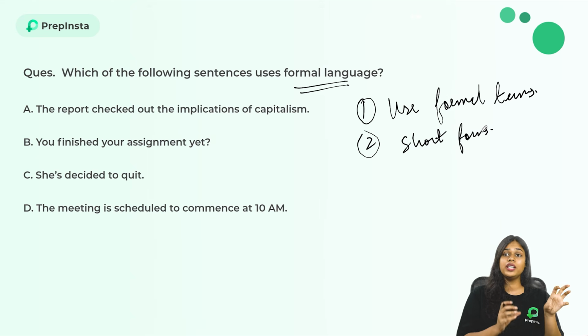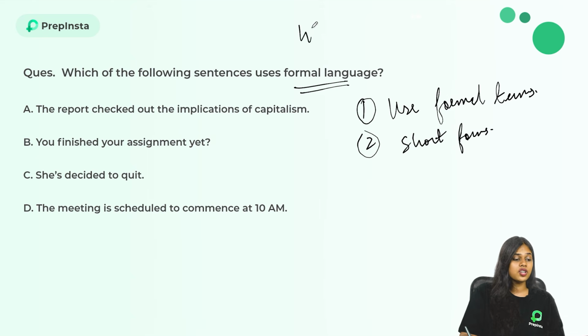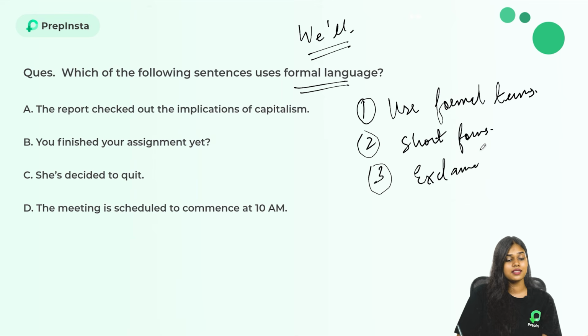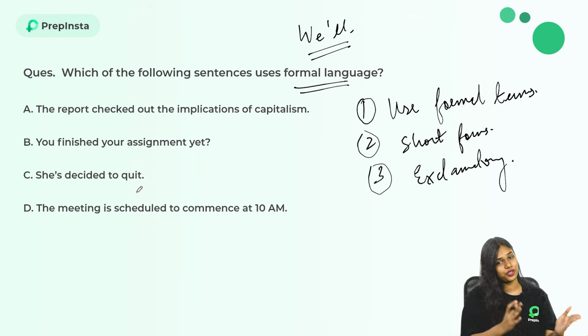For example, we will, we write such as will. So whenever we are using any kind of short forms or contractions, this is again another contraction, we cannot use these contractions in any kind of formal sentence. All right, and then we cannot use any kind of exclamatory sentences. All right, so let's read the sentences again after the rules.